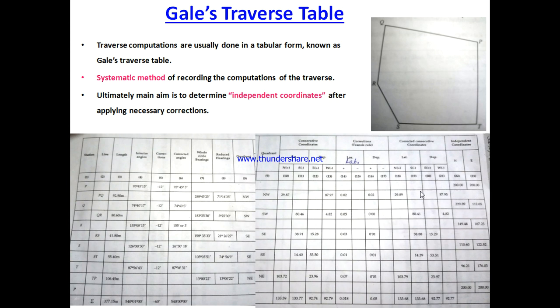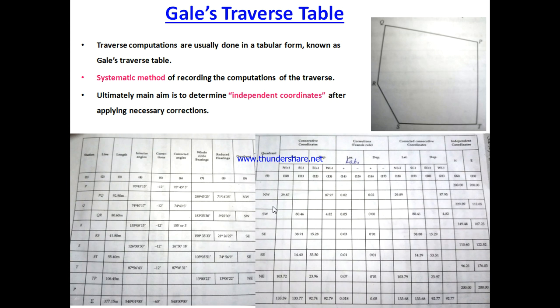For example, here I am getting the corrected value in the positive direction, 29.89, so I will add 29.89 with 200 and get 229.89. And here I am getting the departure value in the westing direction as the correcting value, so I will deduct 87.95 from 200 and get 112.05.